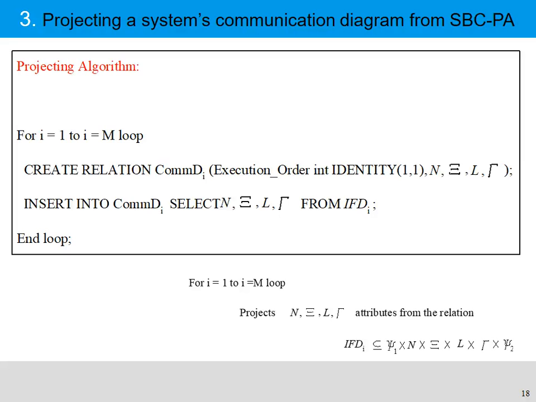The second step, we will insert a new record into this newly created communication diagram by selecting 4 attributes from the IFD relation. And each IFD-I relation will have 6 attributes.